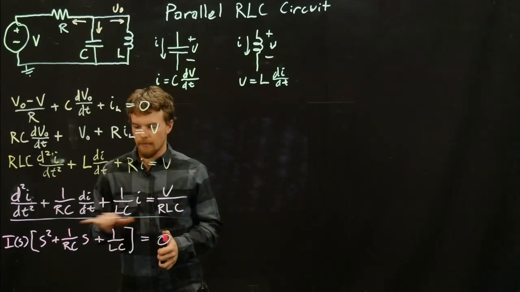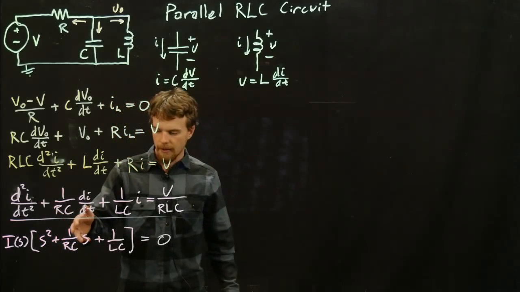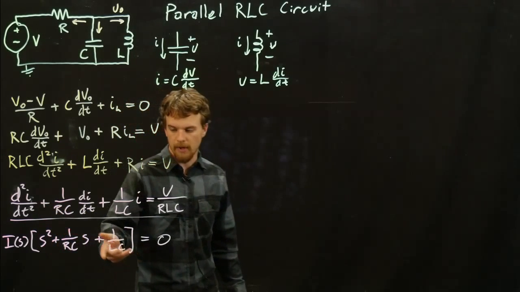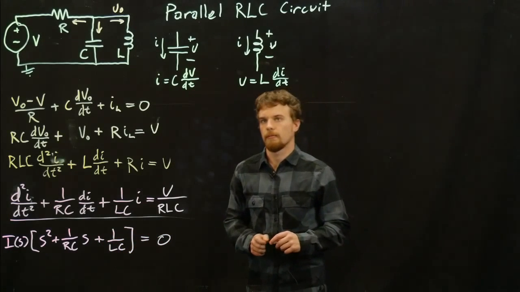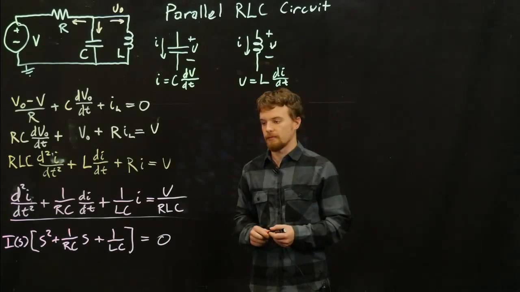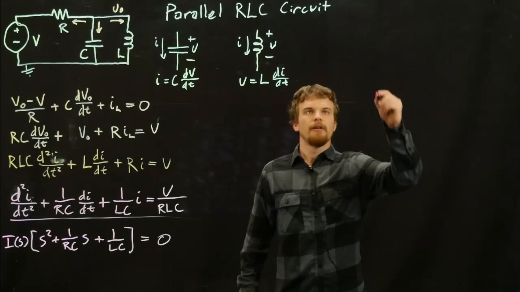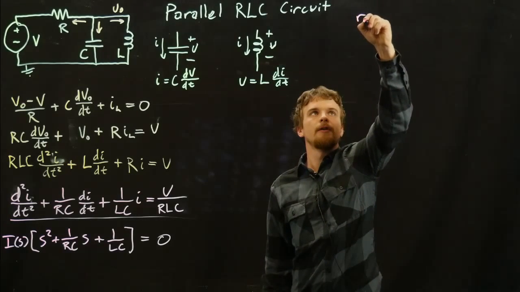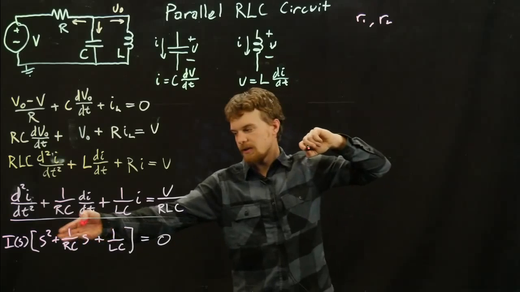we know, probably from your differential equations class, that the roots of this polynomial here will be in our response, our time response, in the form, so we know our time response will have, say we have two roots, r1, r2, two roots of this polynomial.